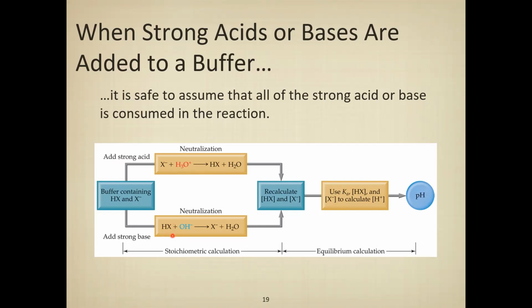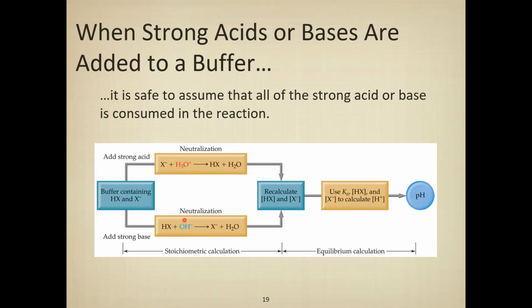And then with the addition of the strong base, we'll have the opposite occur. In this case, we're going to have the hydroxide ion being added. So we're going to have that react with the weak acid. And it's going to cause some of that weak acid to essentially dissociate. We'll have that H plus neutralize the hydroxide, and we'll just get X minus.